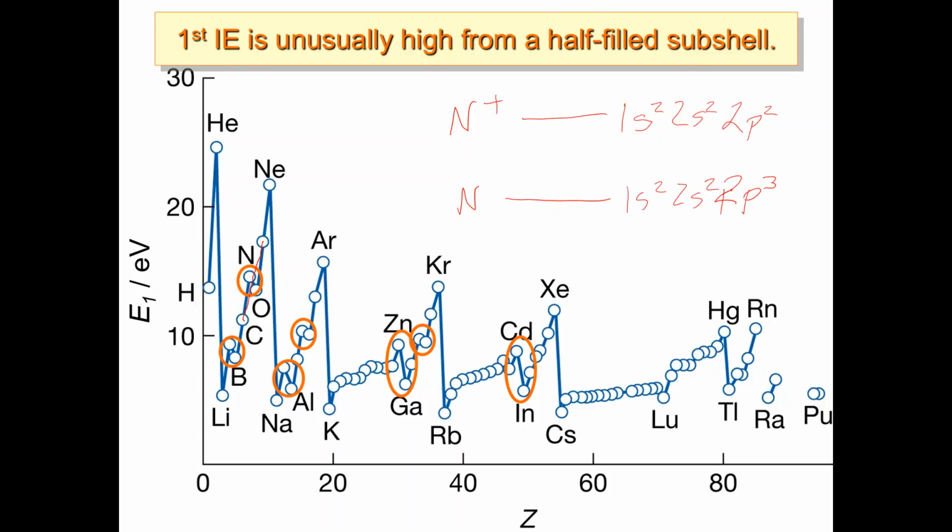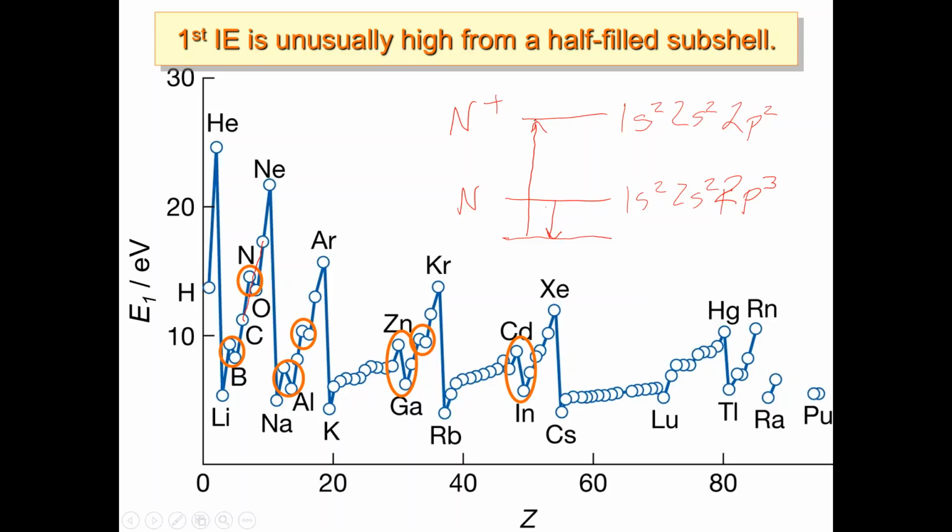And so which one of these would have moved? If I move the top one down, the energy level spacing gets smaller, and that would be unusually low. So I have to move the bottom one down. If I move the bottom one down, then I get an unusually high ionization potential. And we see this half-filled subshell over here. The data seems to suggest that this energy level is lower than we would predict.